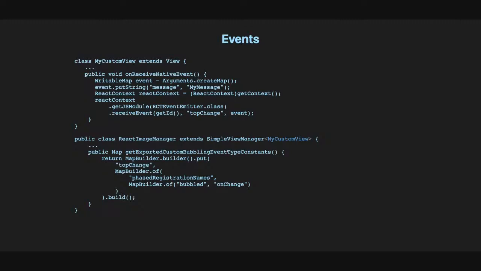So we have to pass the ID, which is the view's ID, and the event name. And one more configuration we have to do is expose this event to the view.